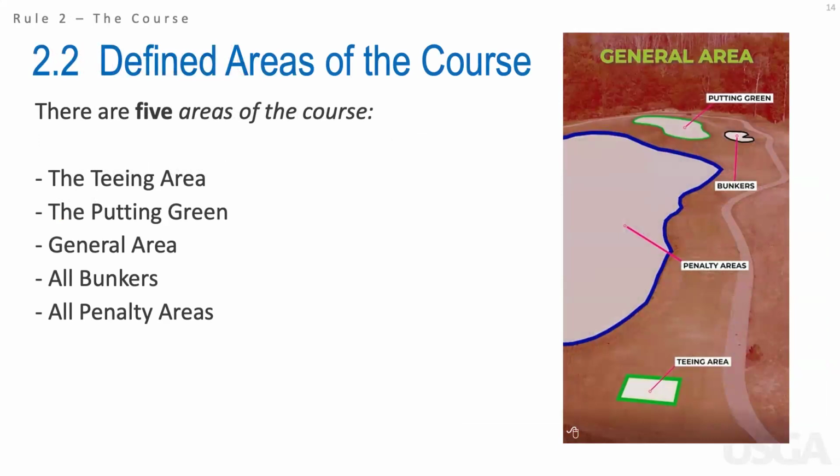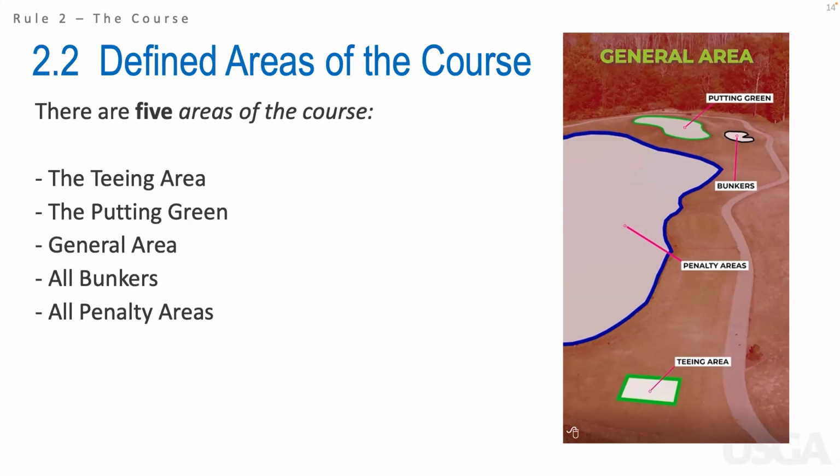So now we're going to get into our defined areas of the course. So we have, like I said, 5 areas of the course. This is going to be the teeing area, the putting green, general area, all bunkers, and all penalty areas. So you'll see here, we kind of have 2 of these, a general, and then 2 alls.